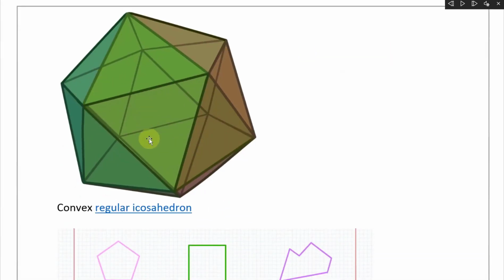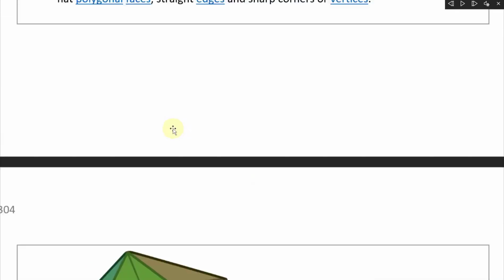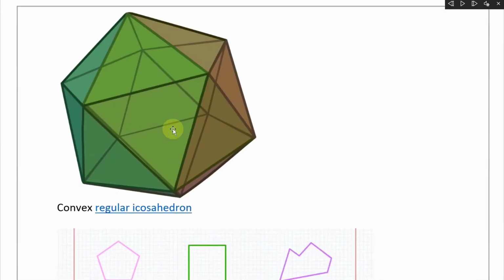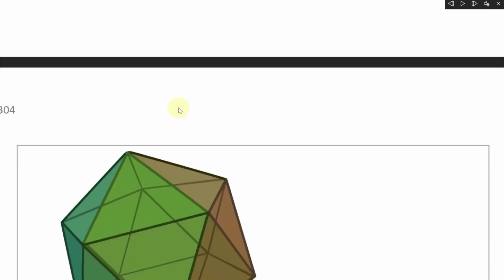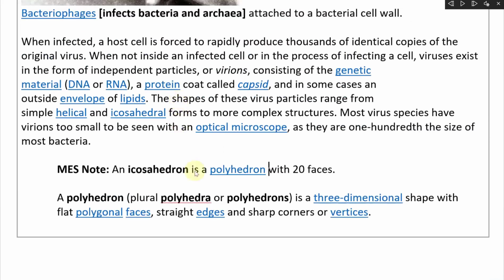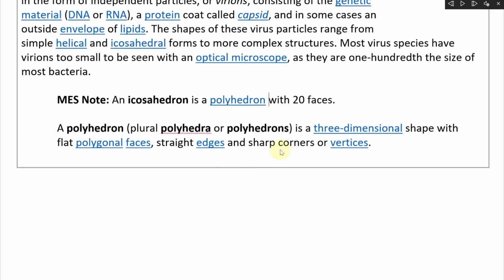Here's an example of a convex regular icosahedron. It's going to be 20 faces if you count them all up. Let's go 1, 2, and you just keep counting. I am not going to count that. That's a regular icosahedron, a polyhedron with 20 faces.